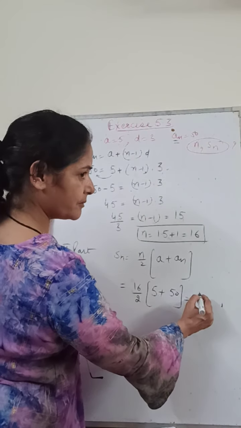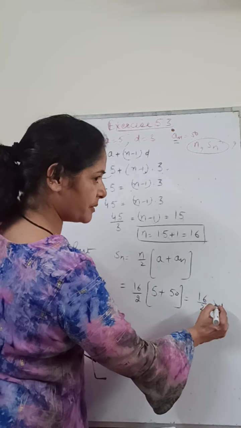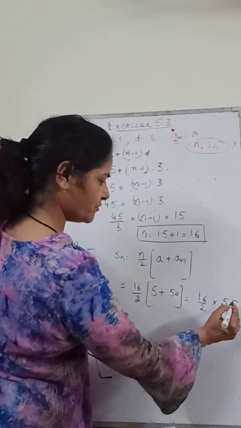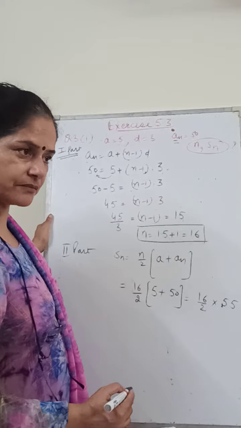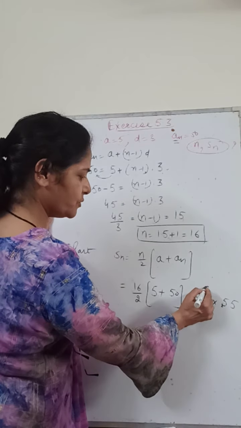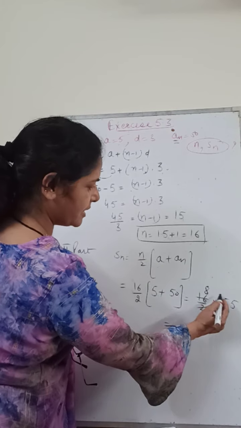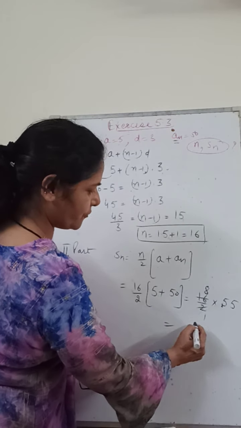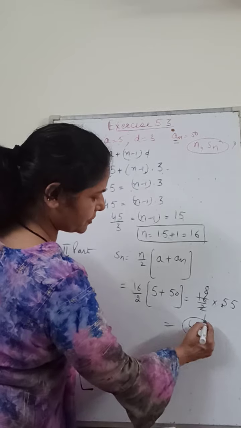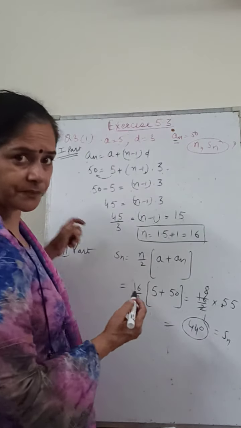It comes out to be 16 by 2 into 55. 2 eights are 16, so 8. Multiply 55 by 8. 8 fives are 40, 0, 4, 40 and 4, 440. So this is your Sn.